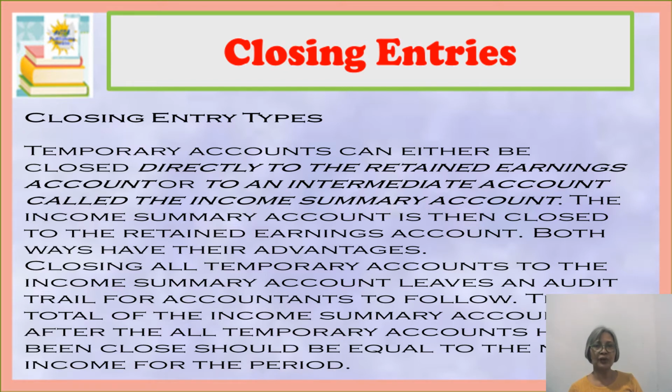Both ways have their advantages. Closing all temporary accounts to the income summary account leaves an audit trail for accountants to follow. The total of the income summary accounts after all temporary accounts have been closed should be equal to the net income for the period.